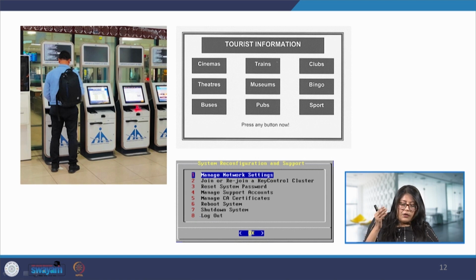If they want to know what they can do in the evening, what the options available are, cinemas, theatres, museums, they can select the option they want, and then probably they will be provided with a list or area wise distribution. Then these menus can have sub menus and another menu underneath that layer.